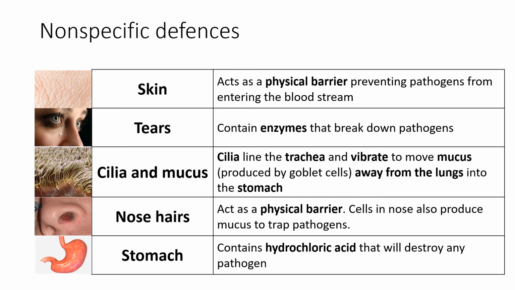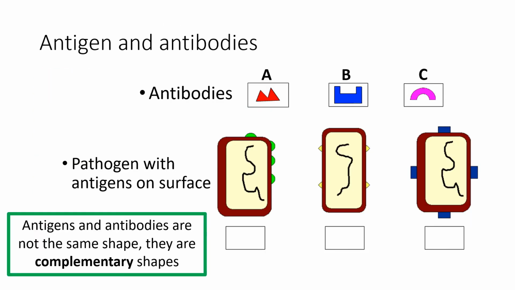And we also have a number of other ways that your body will fight off pathogens once they're inside your bloodstream. When we're inside, each pathogen and every cell in your body has what is called an antigen on the surface of that particular cell.